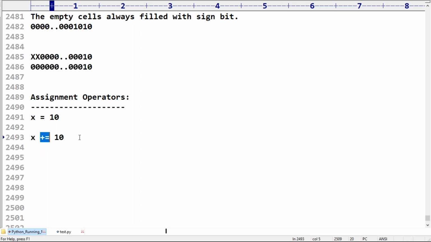This type of operator is called a compound assignment operator. x is equal to x plus 10. This type of thing is by default considered a compound assignment operator. Remember this terminology carefully, right?